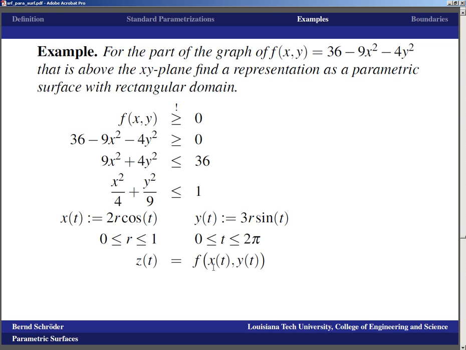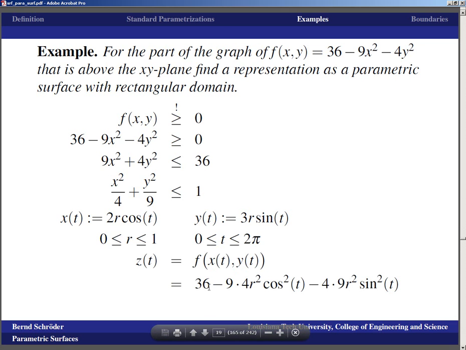And z of t then is f of x of t and y of t, and that's something that we just have to plug in. 36 minus 9 times 4 r squared cosine squared t minus 4 times 9 r squared sine squared t. Well, 9 times 4 and 4 times 9 are both 36. So we end up with 36 minus 36 r squared cosine squared minus 36 r squared sine squared. Cosine squared plus sine squared of t is equal to 1, so that's just 36 minus 36 r squared.